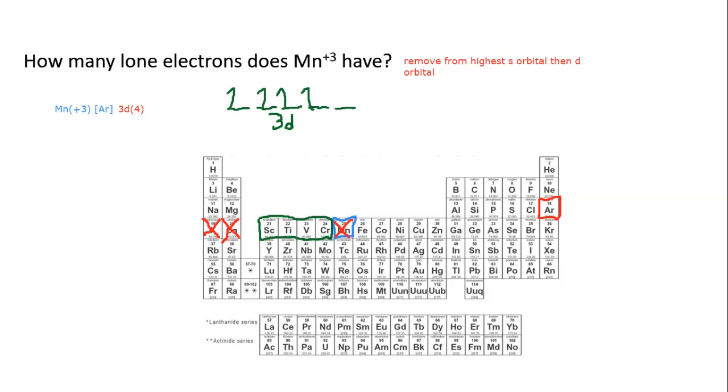So that tells us we have 4 lone electrons, which is paramagnetic. So again, for transition metals, always remove from the highest S, then the highest D orbital.